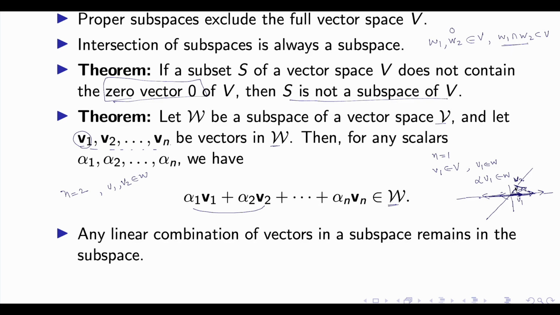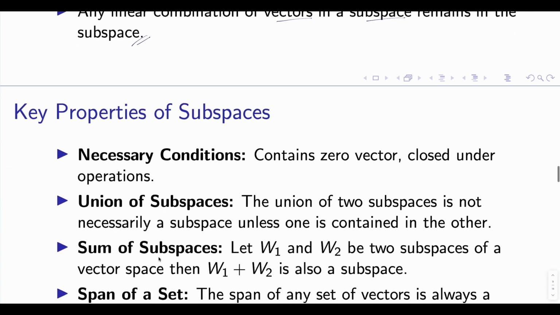It will lie in the plane, so it will actually generate the plane, the R2 plane. So this is again a vector subspace. Similarly, this linear combination belongs to W. It means any linear combination of vectors remains in the subspace. That is a very, very important statement.